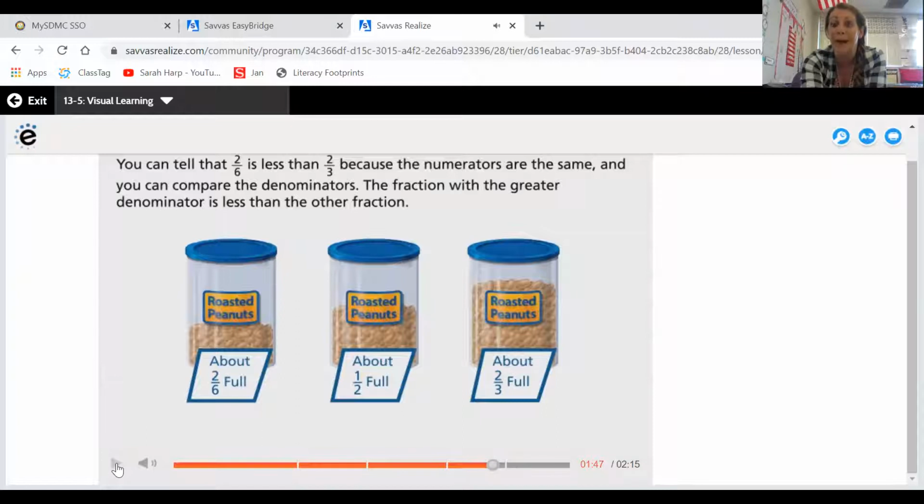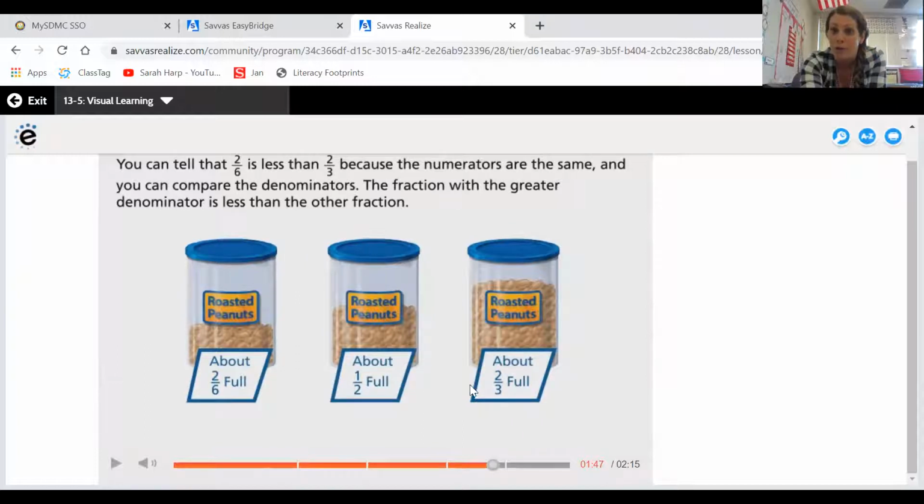So that's a little backwards to us, okay? So let's stop and think about that. So if the numerator, the number on the top, is the same, you want to look at the denominator, but it's actually the opposite. The greater denominator is actually the smaller fraction, okay?